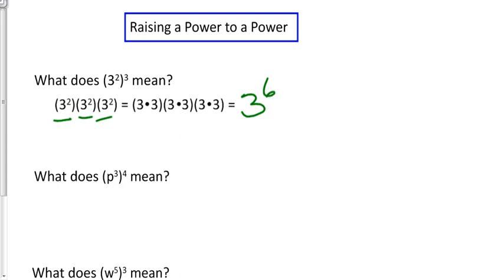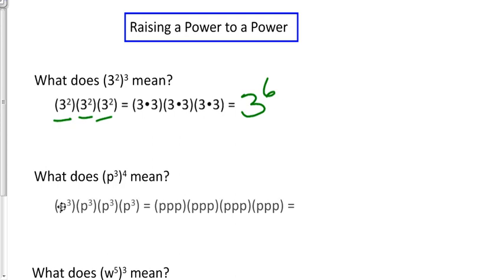P to the 3rd to the 4th. That quantity, p to the 3rd, I'm raising it to the 4th power. That means I'm using p to the 3rd as a factor 4 times. Well, what does that mean? 3 p's being multiplied together in each of these parentheses. So all told, if we count them up, there are 12 p's being multiplied together there.